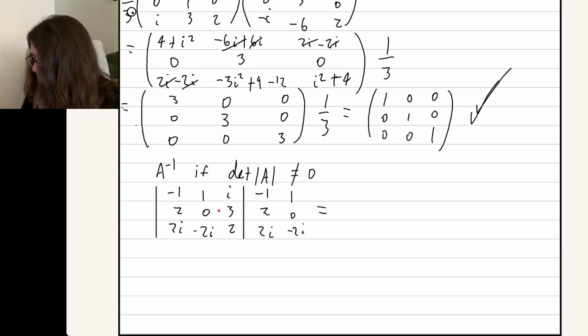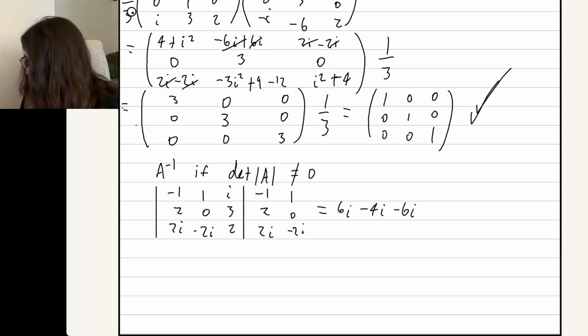So we've got 0, 6i, and then minus 4i squared. Bam, bam, bam. That's going to be positive 6i. So which you have to subtract off. And then that just looks like 4.